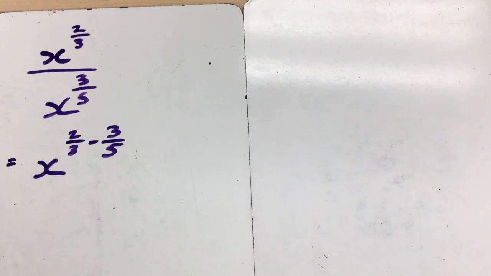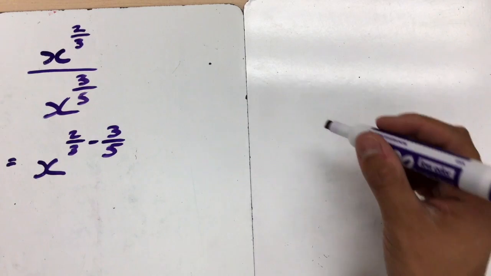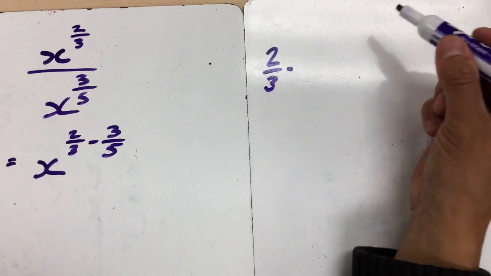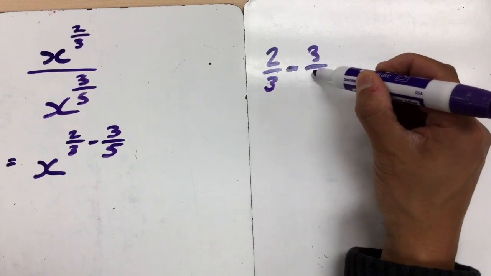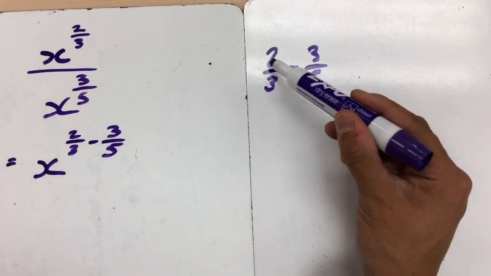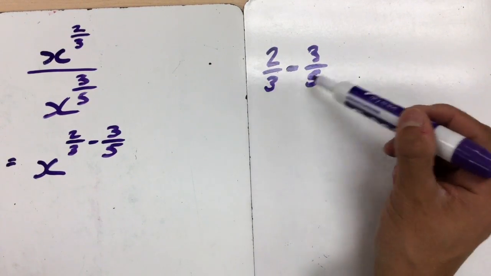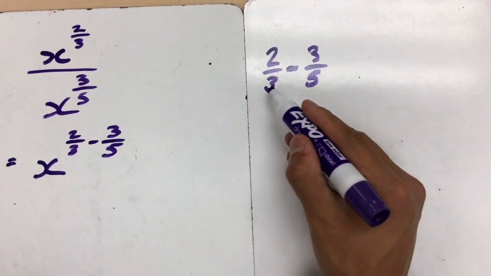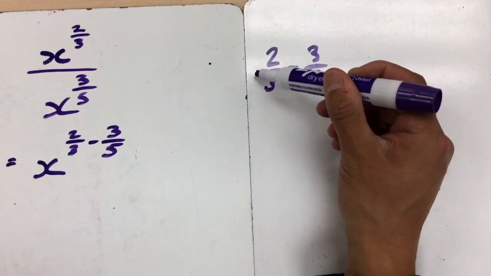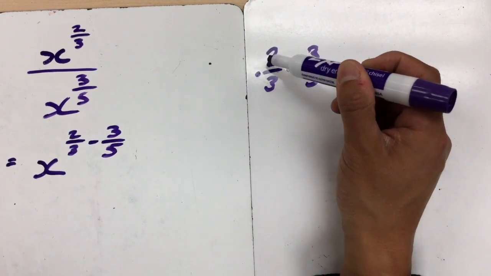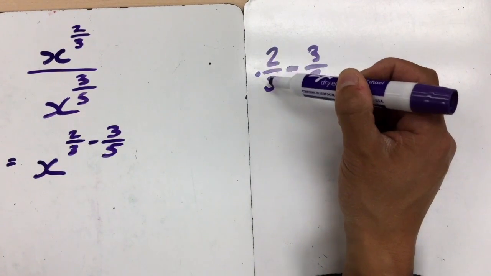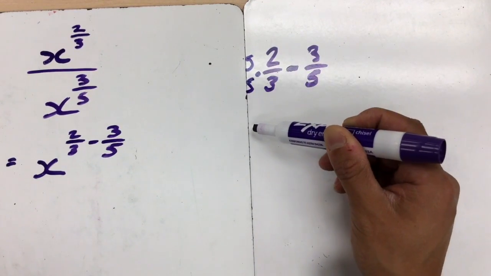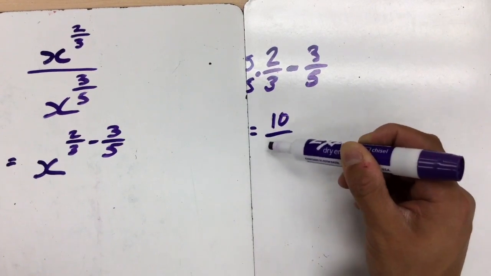And so in simplifying the exponents, 2/3 subtract 3/5, this is where it'll be really helpful to have some common denominators. So if I were to find a common denominator between 3 and 5, I have to think about the numbers that both 3 and 5 go into. And in this case, it's going to be 15, which means in order to find a common denominator here, I have to multiply my numerator and my denominator by 5, which would then give me 10 over 15.